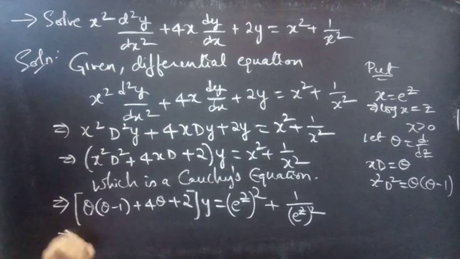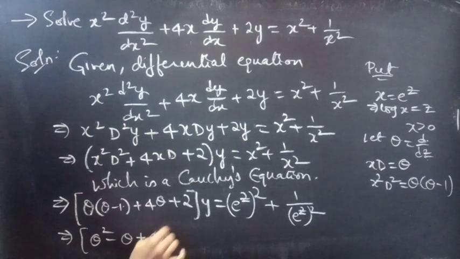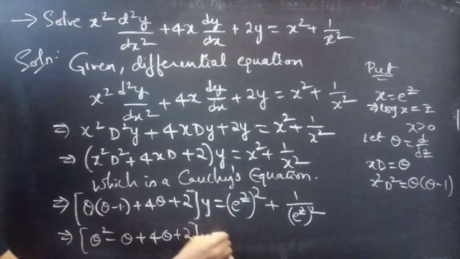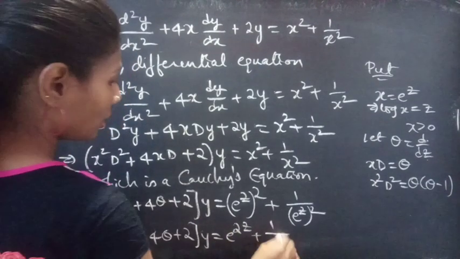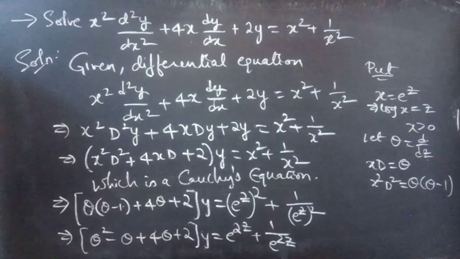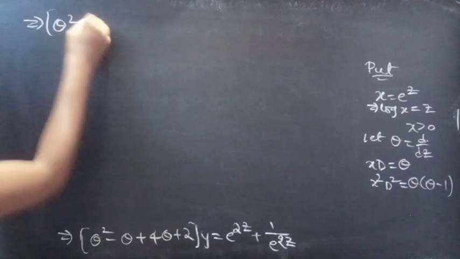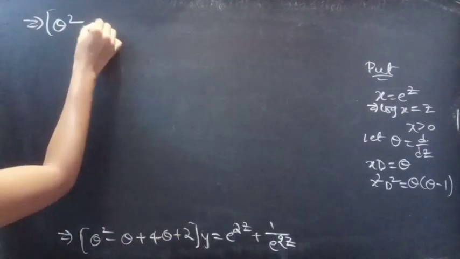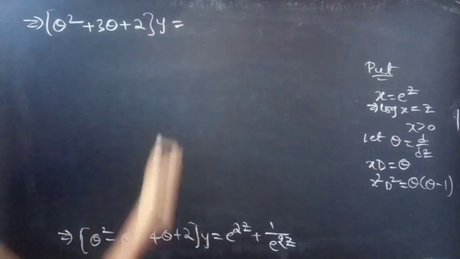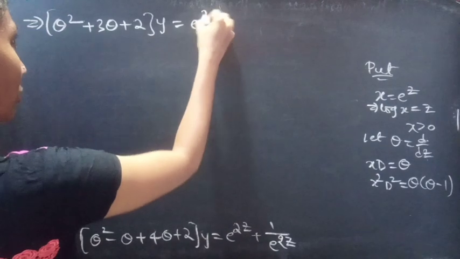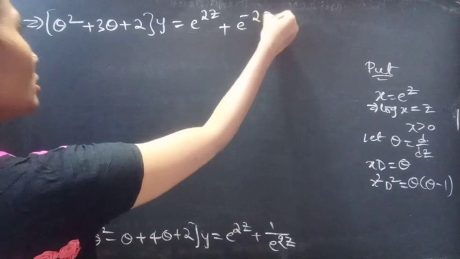Then theta into theta minus 1, that is theta square minus theta, plus 4 theta plus 2, into y equals e power 2z plus 1 by e power 2z. Now this becomes theta square minus theta plus 4 theta, that is plus 3 theta, plus 2, into y equals e power 2z plus e power minus 2z.